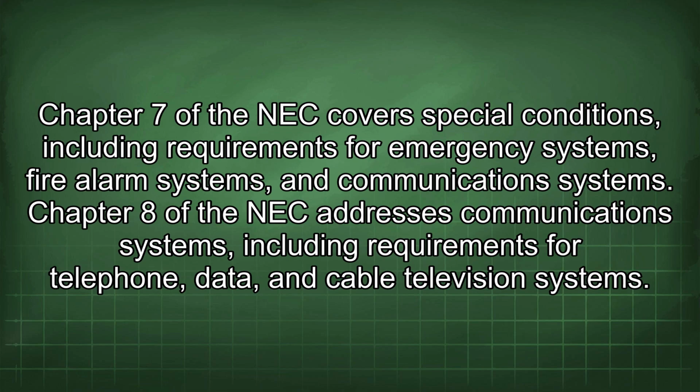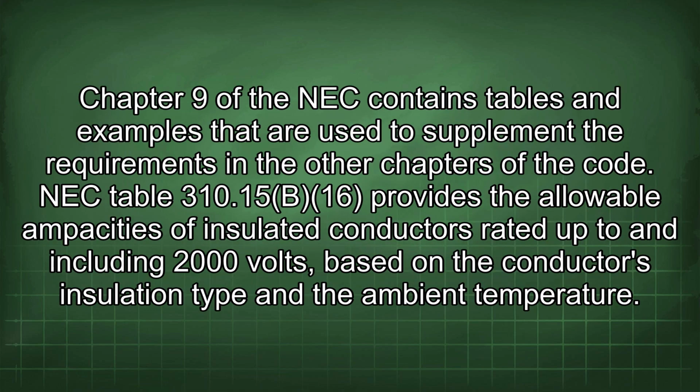Chapter 7 of the NEC covers special conditions, including requirements for emergency systems, fire alarm systems, and communications systems. Chapter 8 of the NEC addresses communication systems, including requirements for telephone, data, and cable television systems. Chapter 9 of the NEC contains tables and examples that are used to supplement the requirements in the other chapters of the code.